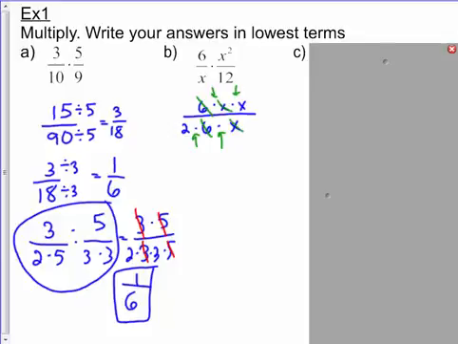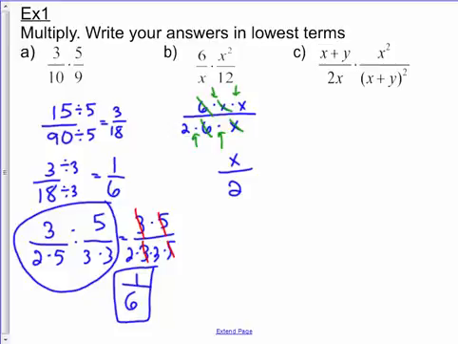What am I left with? On top, an x. On the bottom, 2x. Oh, should be a 2x. Oh, no, just a 2, I'm sorry. So I have x over 2.